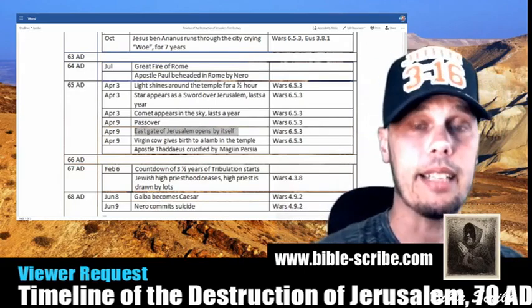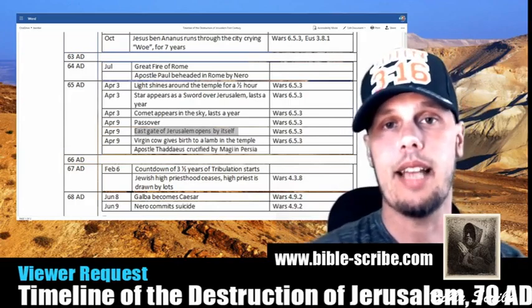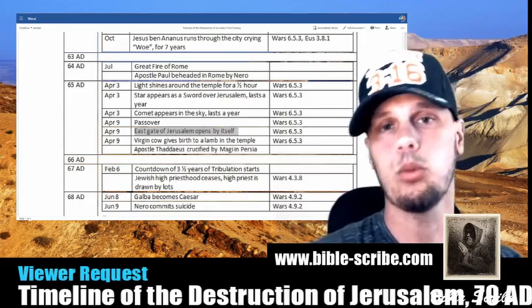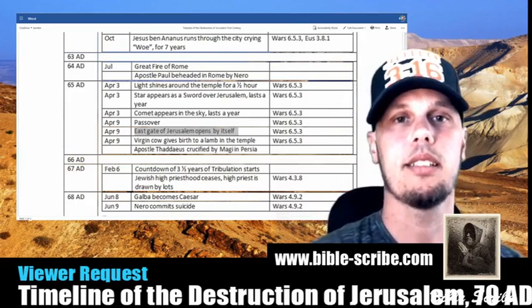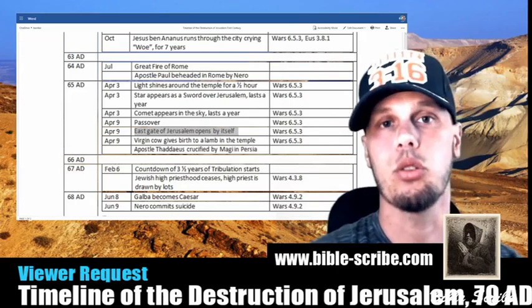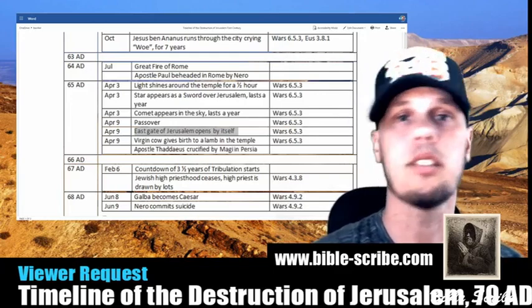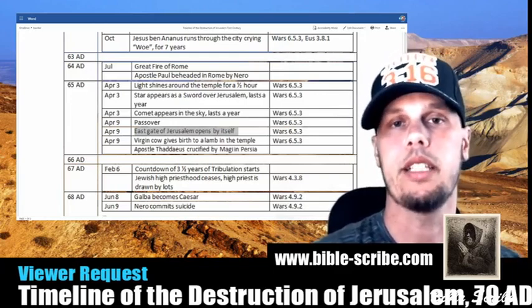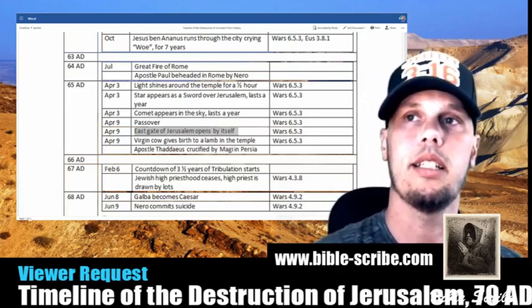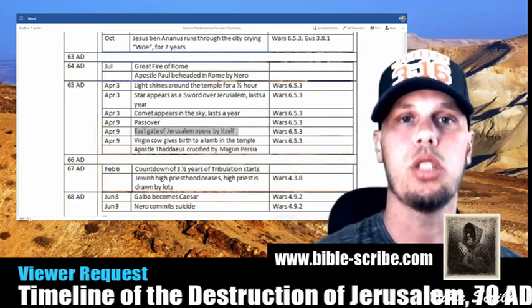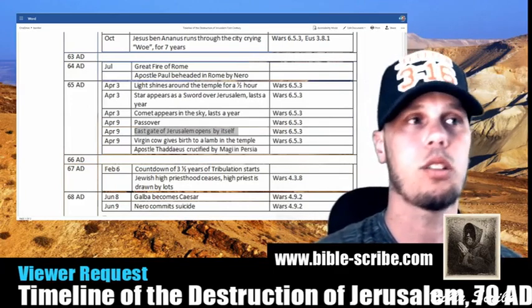Well, this gate is solid wood and metal, and it's seriously like 6 inches to a foot thick. It's so tall and wide that it took about a dozen soldiers to open and close it every day. This is not any little door. This is a huge gate through which horses and carts would enter.